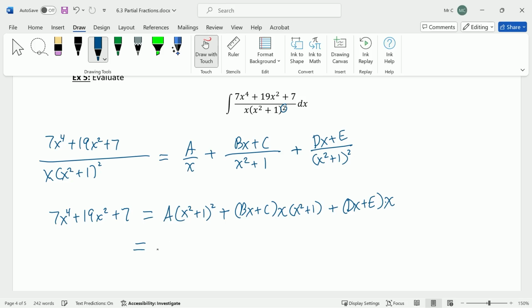And now I'm going to take the same approach I did to the last problem. I'm going to distribute (x squared plus 1) squared, which gives me x to the fourth plus 2x squared plus 1, plus bx plus c, and I'll distribute this x here. So I get times x cubed plus x, plus, and now I'll distribute this x, dx squared plus ex.